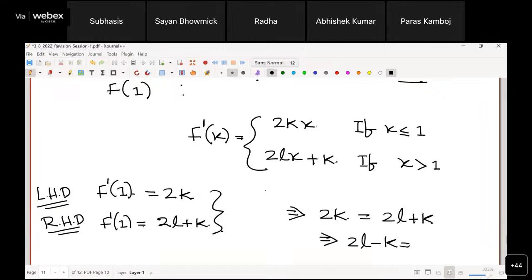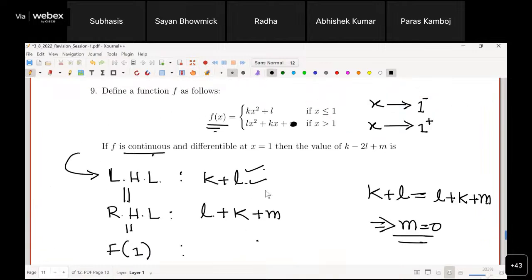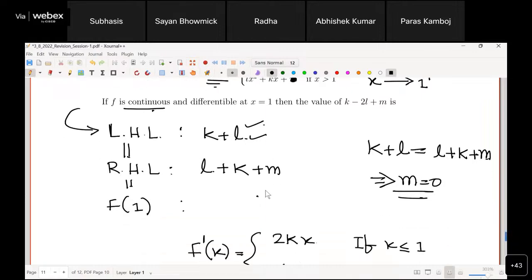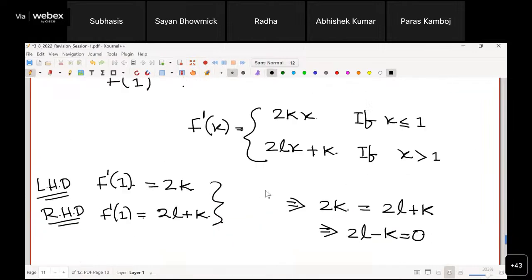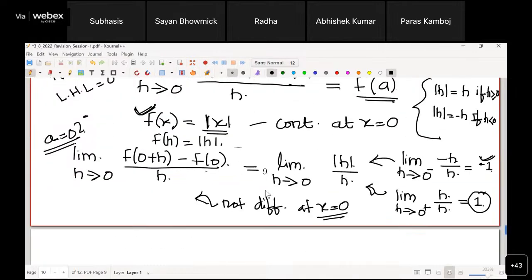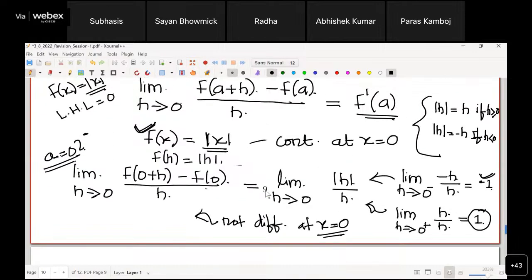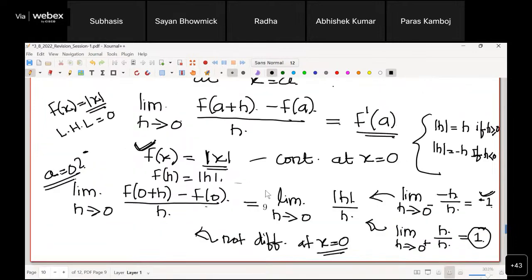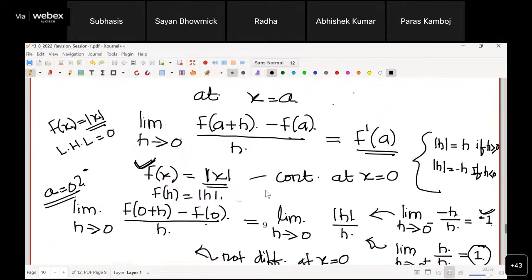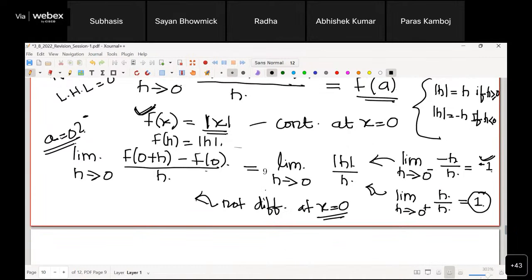Sir, sorry to interrupt you, why are we equating these two? Because I know that the function is differentiable. A function is differentiable when the left hand derivative and the right hand derivative are the same. If you have two different values, like in mod x, here we have computed the derivative using the definition.